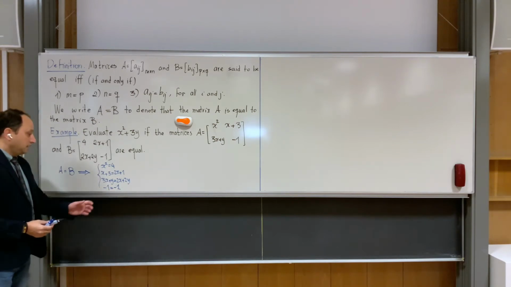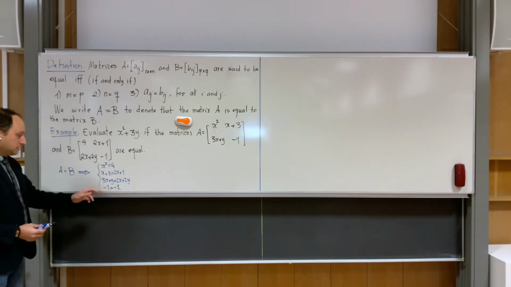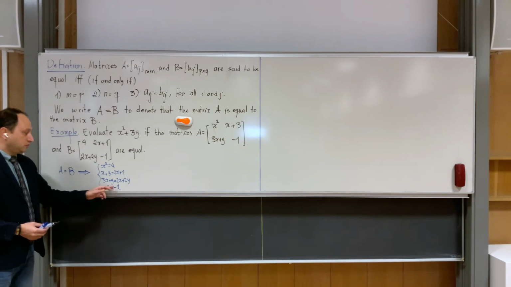So it means that I need to make sure that all these conditions are simultaneously met. The last condition is always true, so we need to be worried about the first three conditions only. Okay, solving this is super simple.